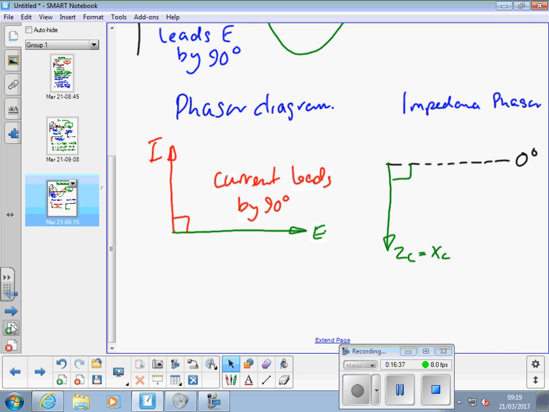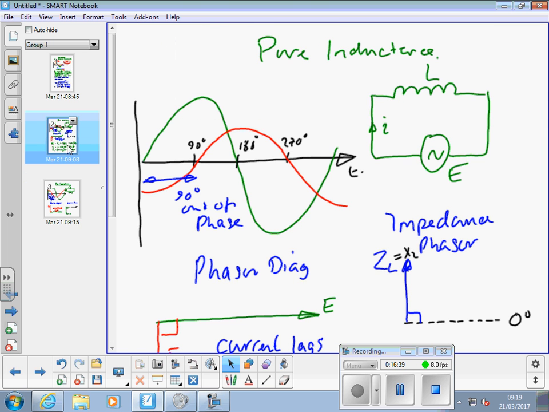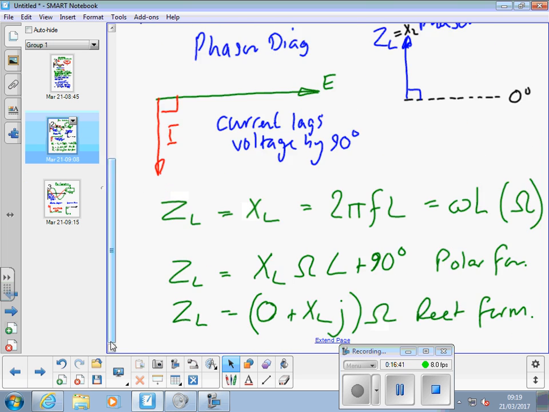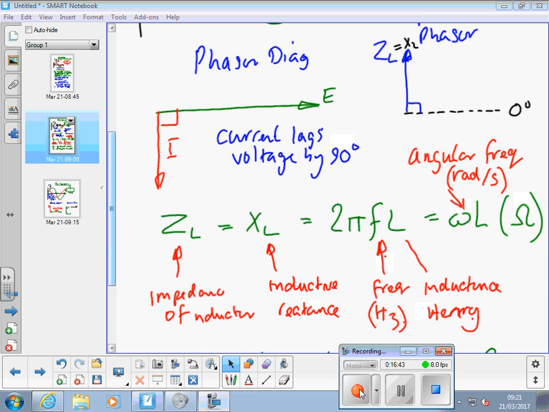I want to just add something to this slide as well. I want to bring, out of the previous slide, that ZL represents the impedance of the inductor. XL represents the inductive reactance, which the impedance is equal to.